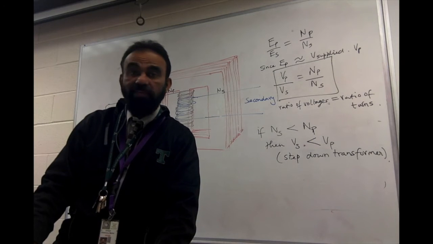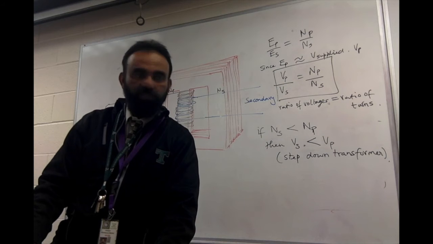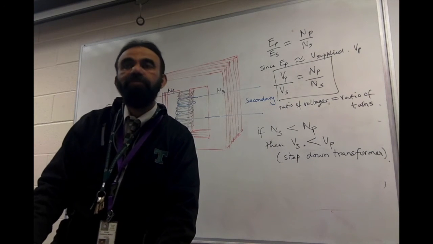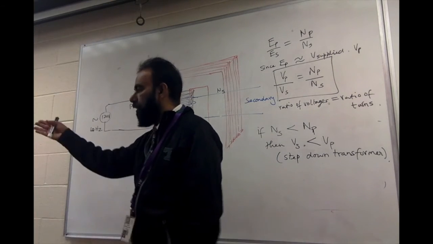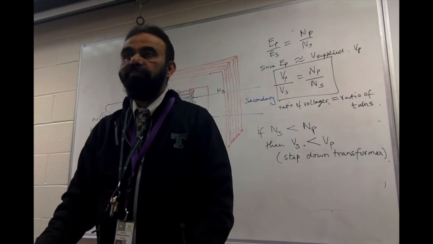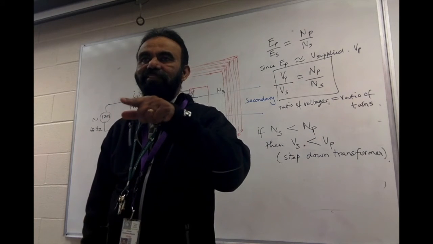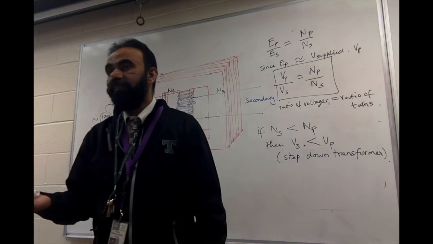DC can go, but DC suffers from other issues. If you have a DC, how can I charge my cell phone? It's 120. Because transformers don't work on DC. Step down, step up actions cannot take place with DC.